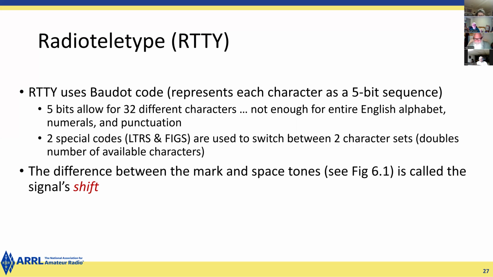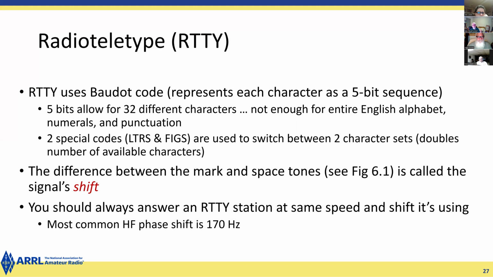So we're talking about a shift as in upper and lowercase, or between letters and figures, but there's another meaning to shift, and it's important not to confuse the two. The difference in frequency between mark and space tones is called the shift, as in frequency shift keying.